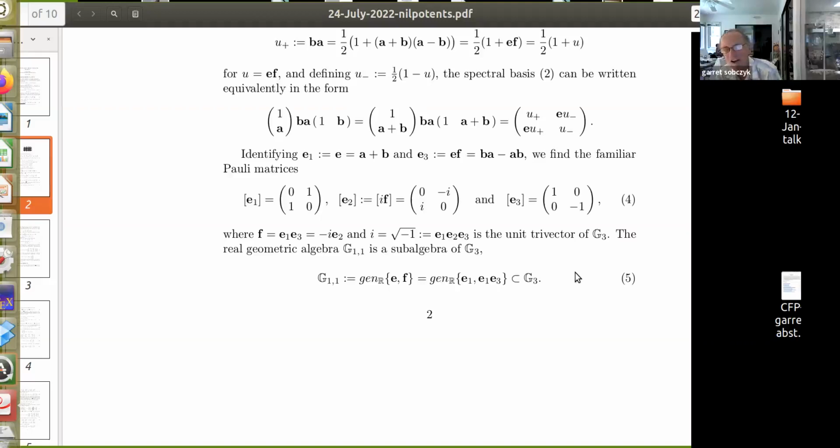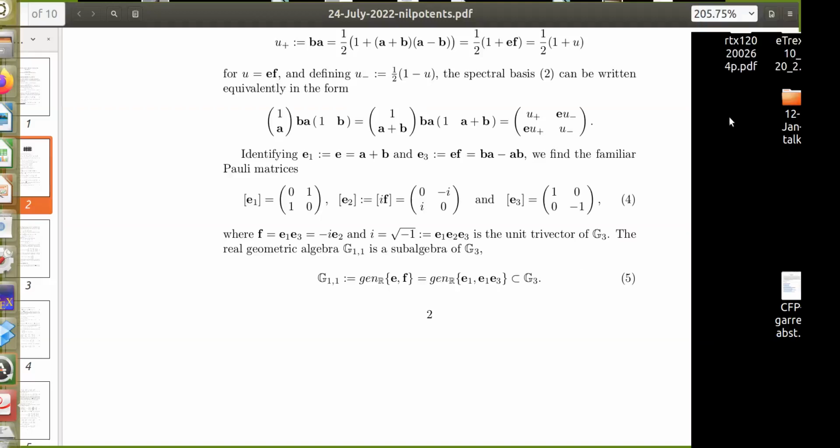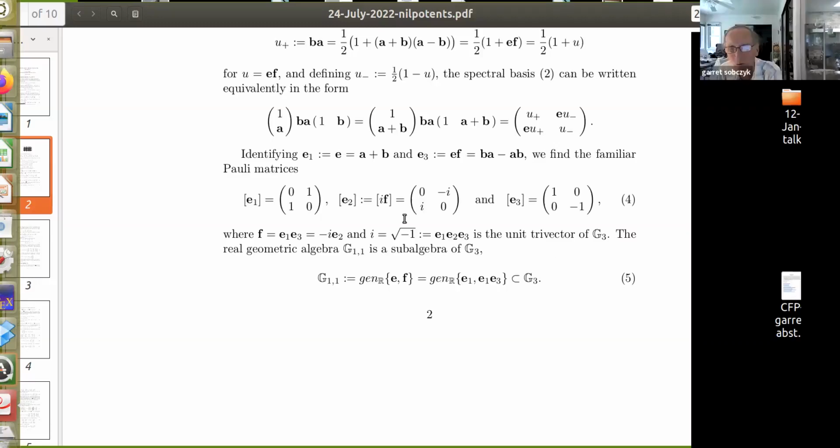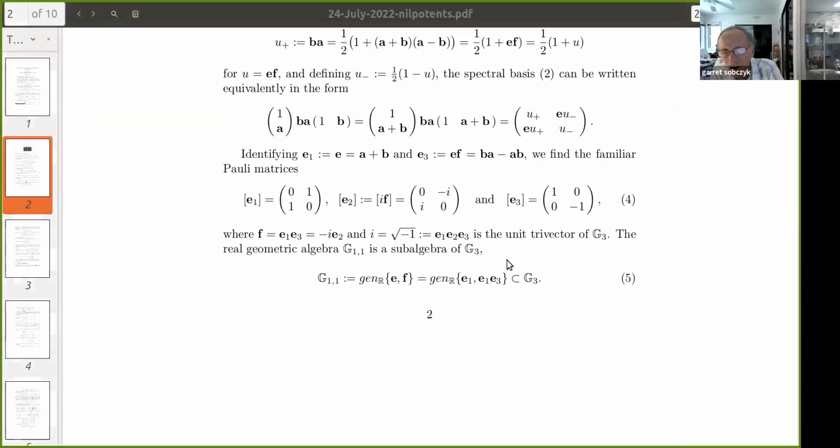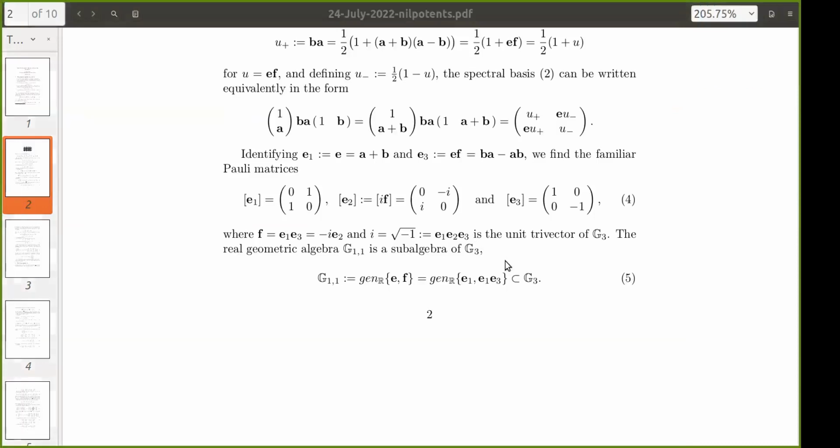Not necessarily. Look at this. Look at I here. I is equal to the square root of minus 1, but I'm identifying that with the trivector E1 times E2 times E3, because that's in the center of the algebra. It commutes with all elements. So there's nothing wrong with identifying.